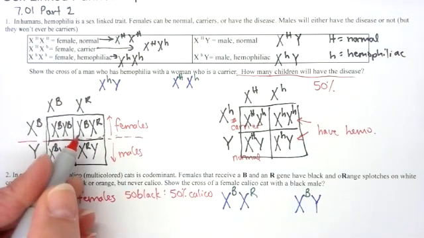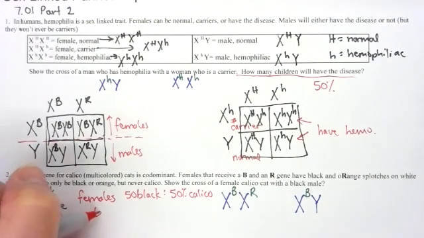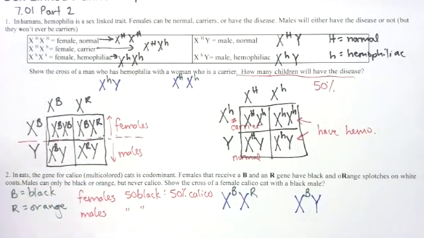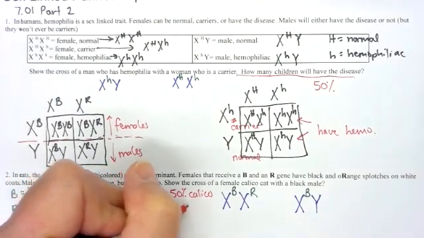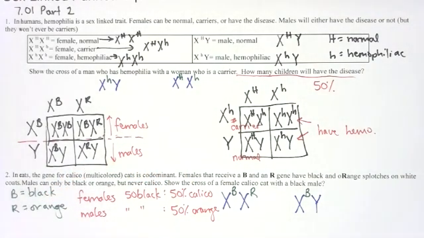Because remember, if you get a black and an orange, you're a calico. Males, on the other hand, are 50% black, and the other possibility for males is 50% orange. Because this is a sex-linked trait, the males only get one allele, they can never be calico. And this is true. If you see a cat with a white coat and black and orange splotches on it, you know right away that it's a female. So that one holds true. There's your trivia for the day.